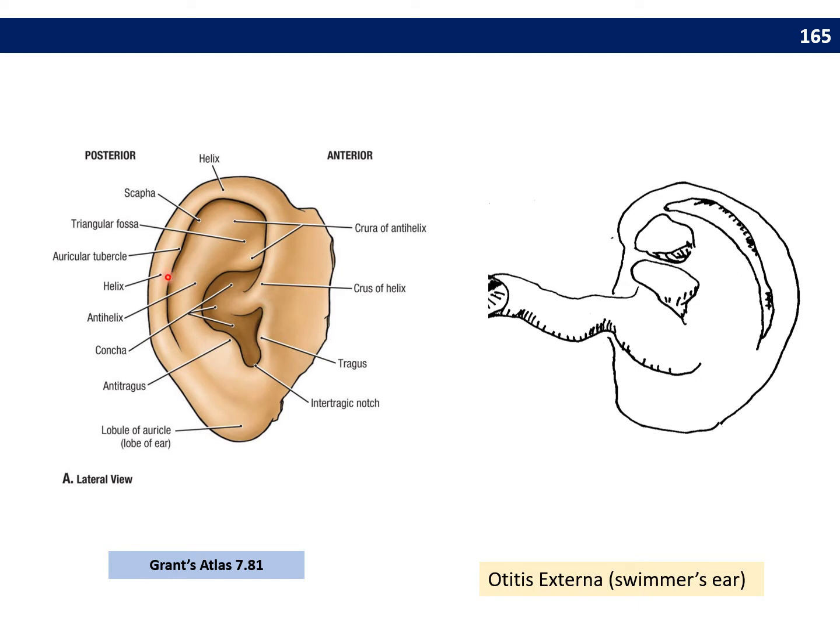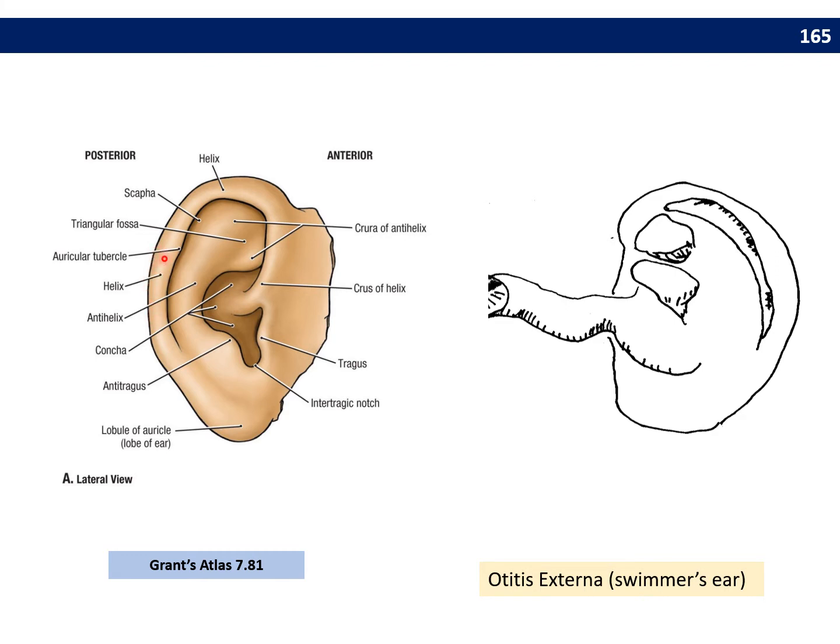When we're talking about the ear, usually we're thinking about this cartilaginous portion that's a part of the external ear, the pinna. And even within those cartilaginous folds are structures that we need to talk a little bit about.